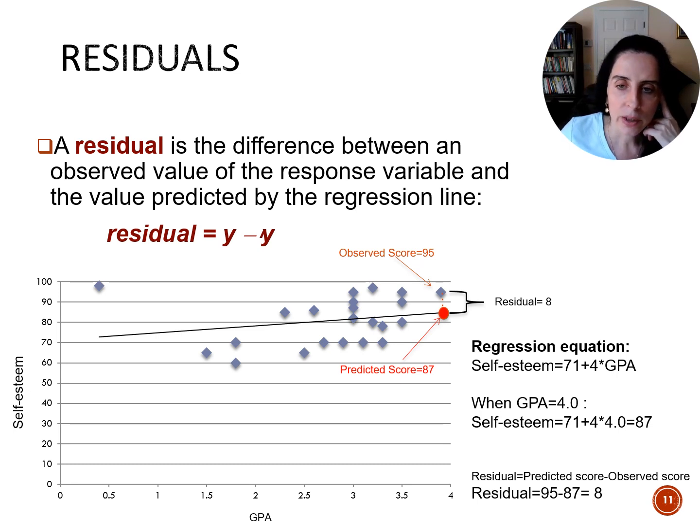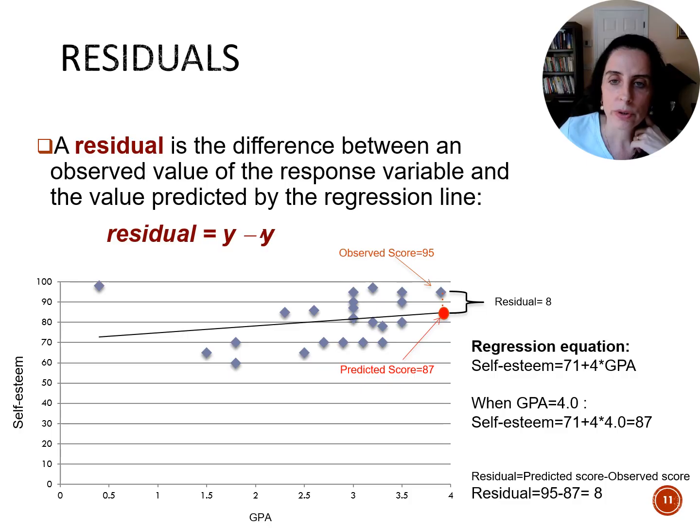However, if we look at our graph, we can see that there is one student who has a GPA of 4, but his self-esteem score is higher than 87. It's actually 95. If we subtract the predicted score from the observed score, we obtain a difference of 8 points. This difference is called a residual.